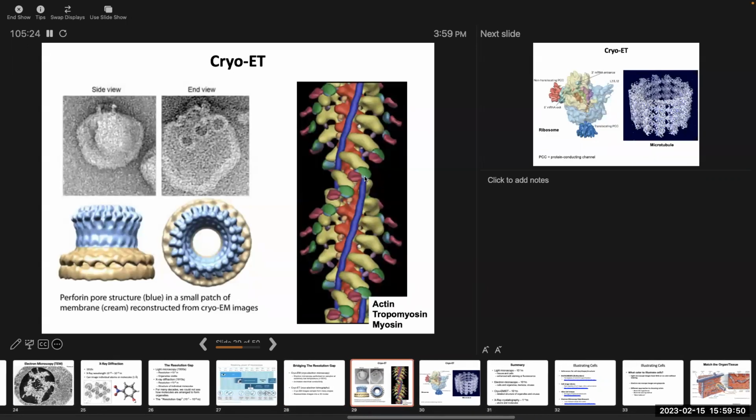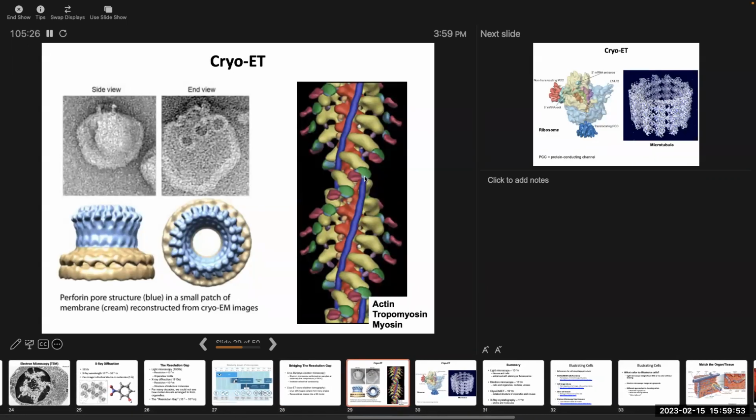So cryo-ET in particular has been very useful for medical illustrators to allow us to be able to see how individual molecules actually are packaged together to form structures within the cell. This thing on the left is a cryo-ET of a thing called a perforin, which is a complex of proteins.